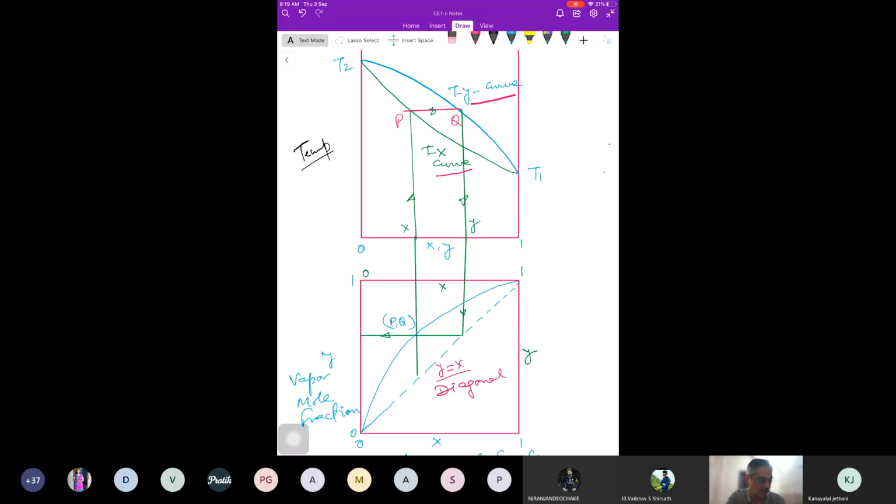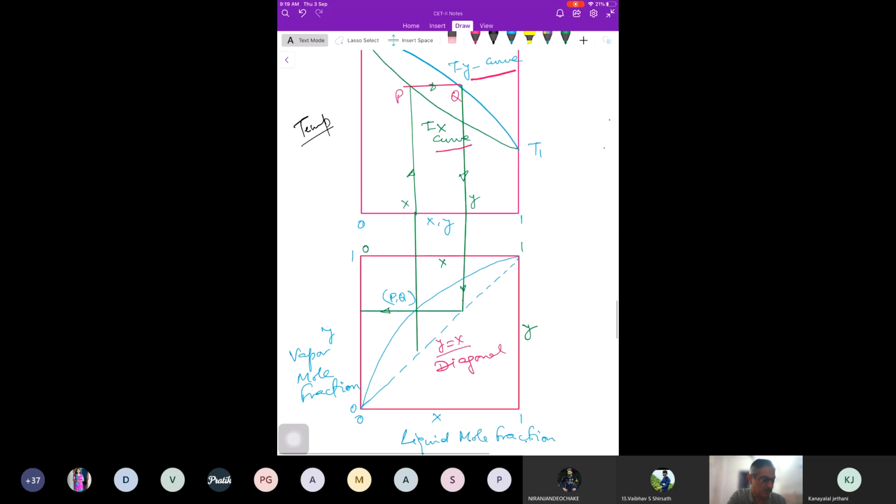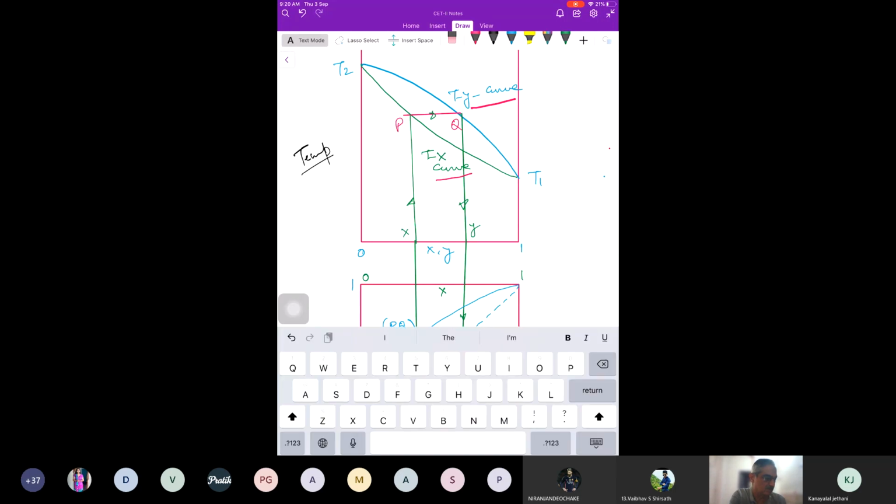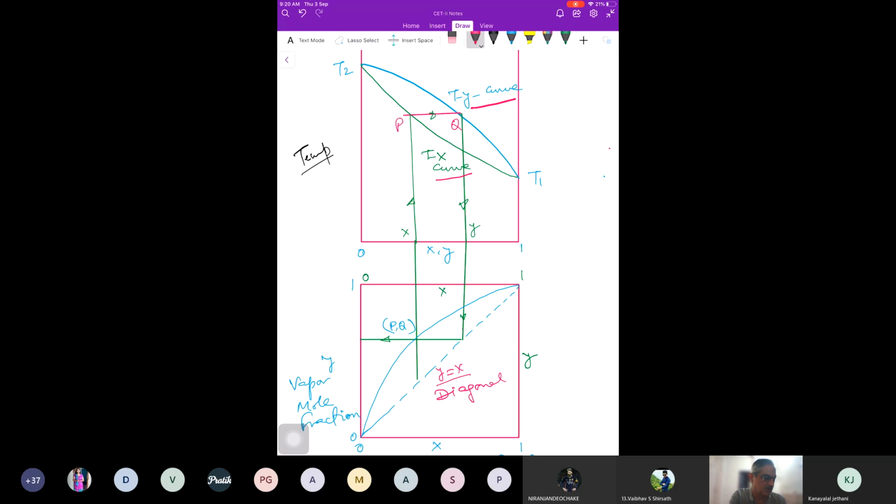ये vertical line actually थोड़ा vertical नहीं दिख रहा है, थोड़ा टेढ़ा दिख रहा है, but it's vertical line. So you draw vertical line from say point P and Q. Okay. So if you draw, this is ty, that means this is the y value. This should give the y value, and this should give the x value.